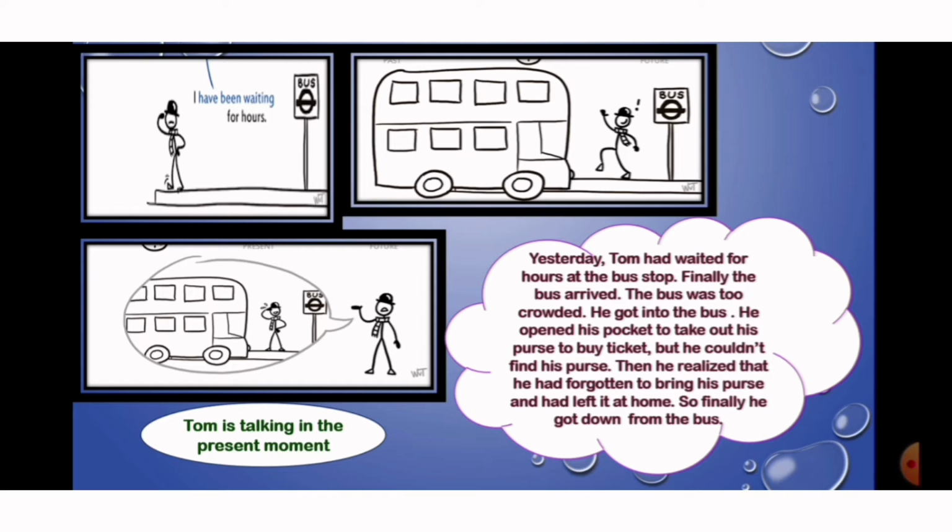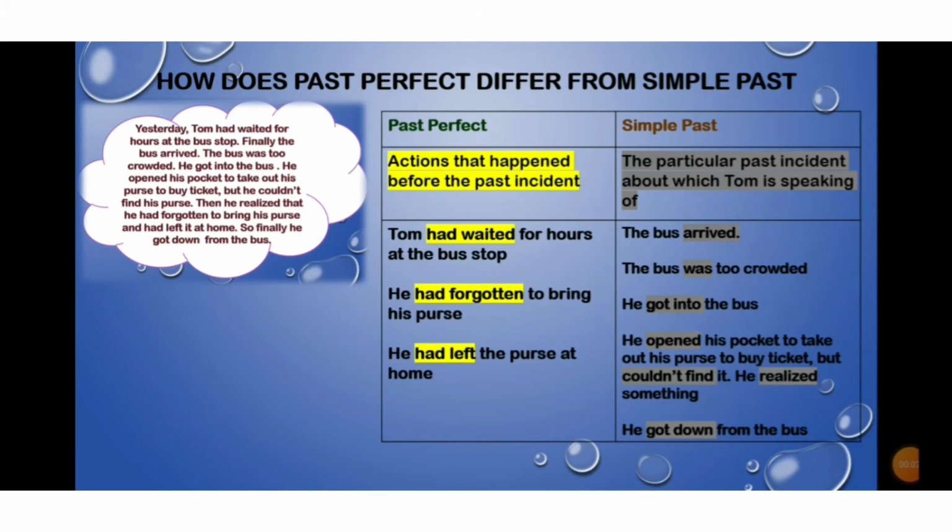Here we can see Tom waiting for a long time before the bus arrived at the bus stop. So Tom was actually waiting for the bus before the bus arrived. So this time of action when Tom was waiting for the bus before the arrival of the bus is called the past perfect.